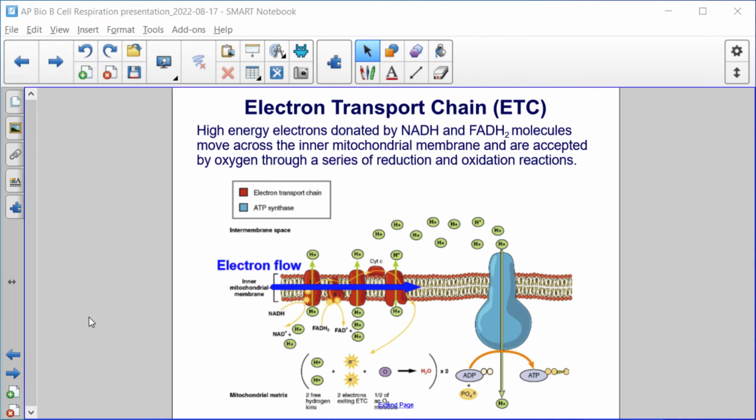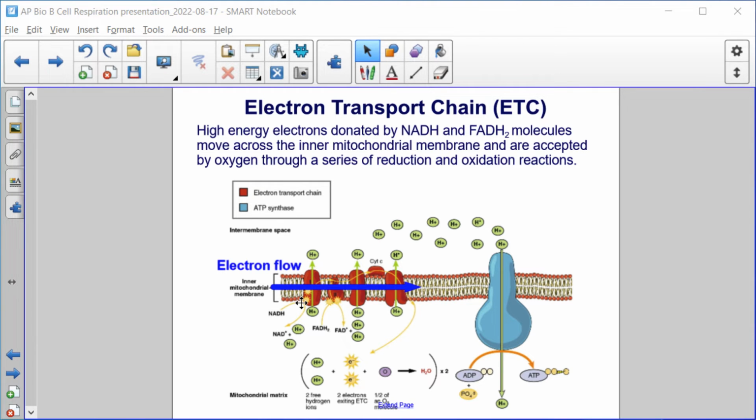High energy electrons are donated by NADH and FADH2 molecules. So you can see that happening as NADH becomes NAD+, FADH2 becomes FAD. You see these high energy electrons. They move in the direction of electron flow here across the inner mitochondrial membrane. And once they get over here, I'm just following this yellow arrow, they are de-energized here.